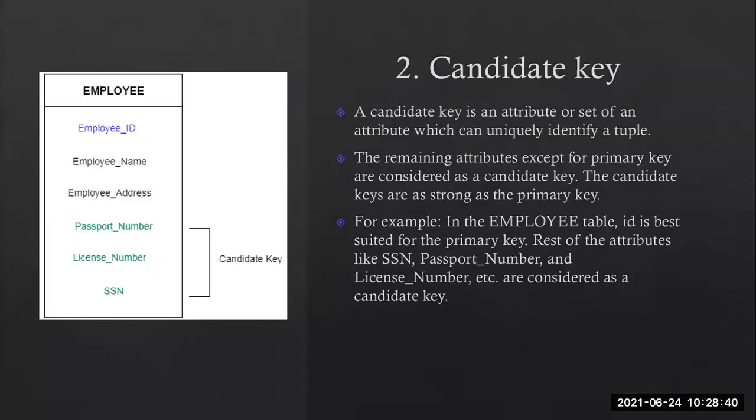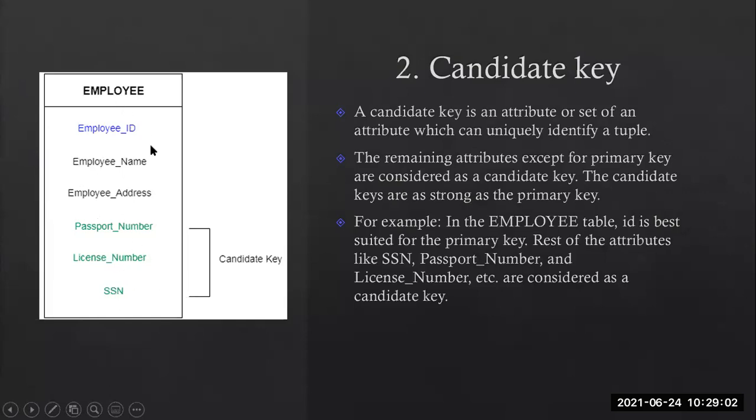Then I discussed the candidate key. With the help of an example, assume that for the employee table or employee entity, employee ID is one primary key. Apart from that, this entity has a few more keys which are unique, such as passport number, license number, and social security number.